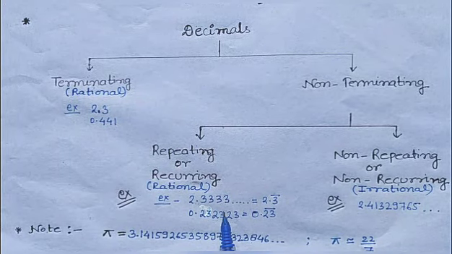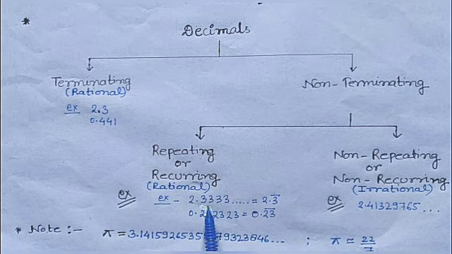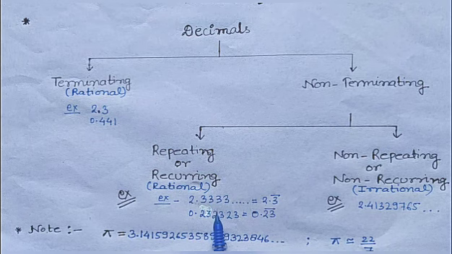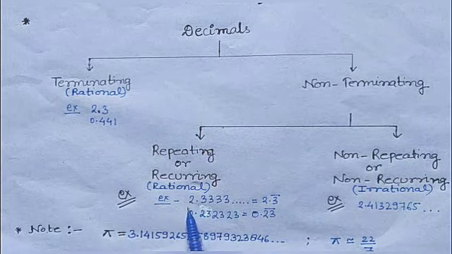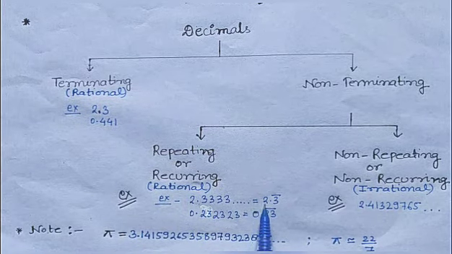In repeating non-terminating, a few numbers, or you can say a block of numbers, will be repeated. Like in the first example 3 is getting repeated, so you can say it is 2.3 bar.